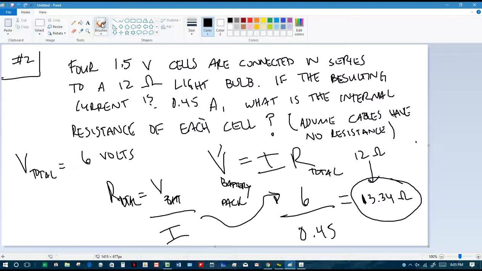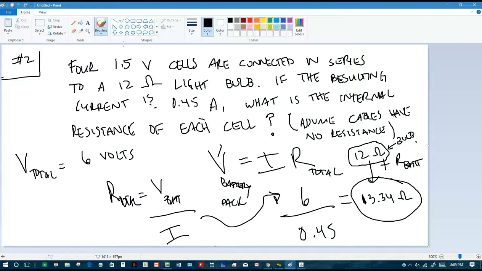So the total amount we found is the 12 ohms plus the resistance of the batteries, and that total comes out as 13.34. Remembering that the 12 comes from the bulb, if the 12 ohms from the bulb plus some unknown amount of resistance from our batteries equals 13.34, how much is the resistance from the batteries?